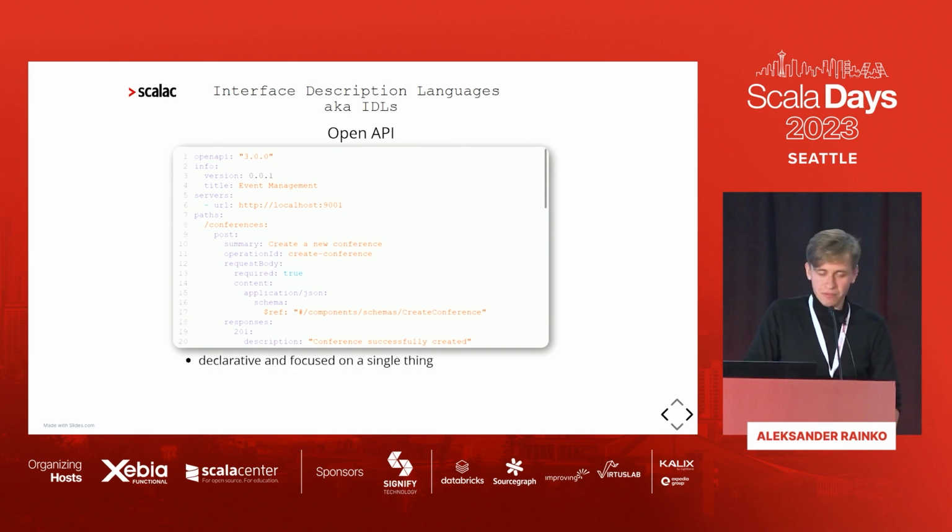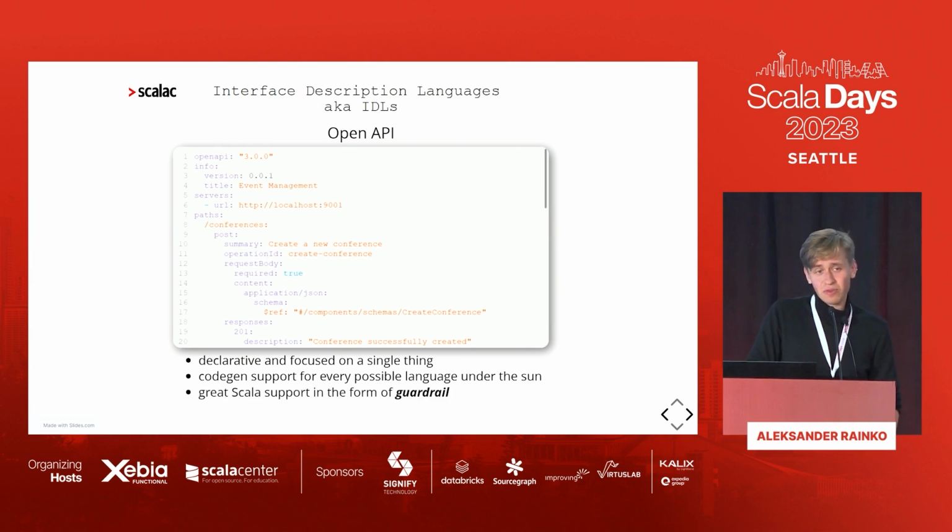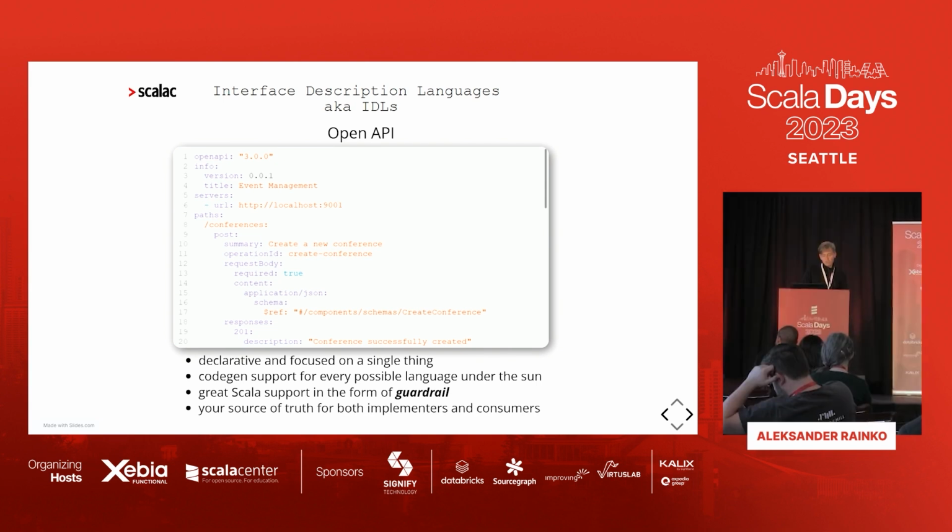It's declarative and focused on a single thing, REST APIs only, I believe. It has codegen support probably for every possible language under the sun. If it has a compiler, it probably has a code generator for OpenAPI. It has great Scala support in the form of guardrail, and is the source of truth for both implementers and consumers of our API.